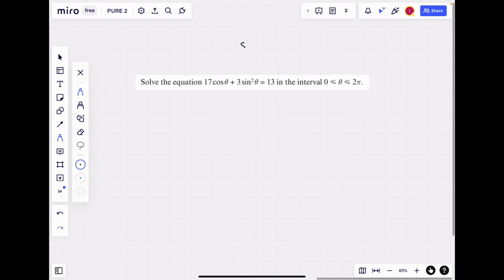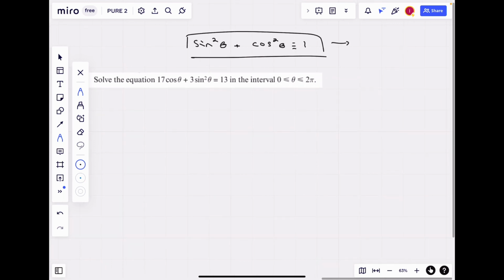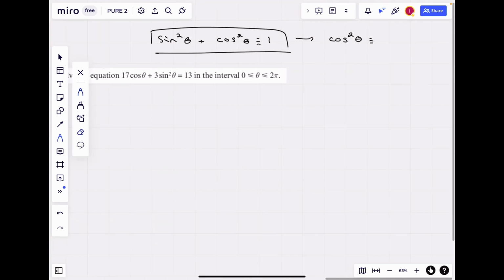Remember, the identity was sine squared plus cos squared equals 1. So that's your actual identity. If we manipulate this, sine squared is the same as 1 minus cos squared.